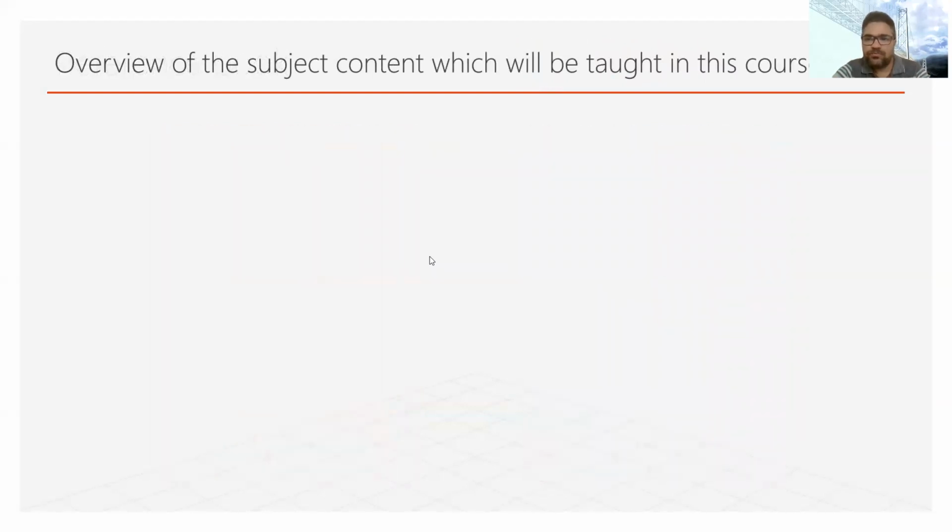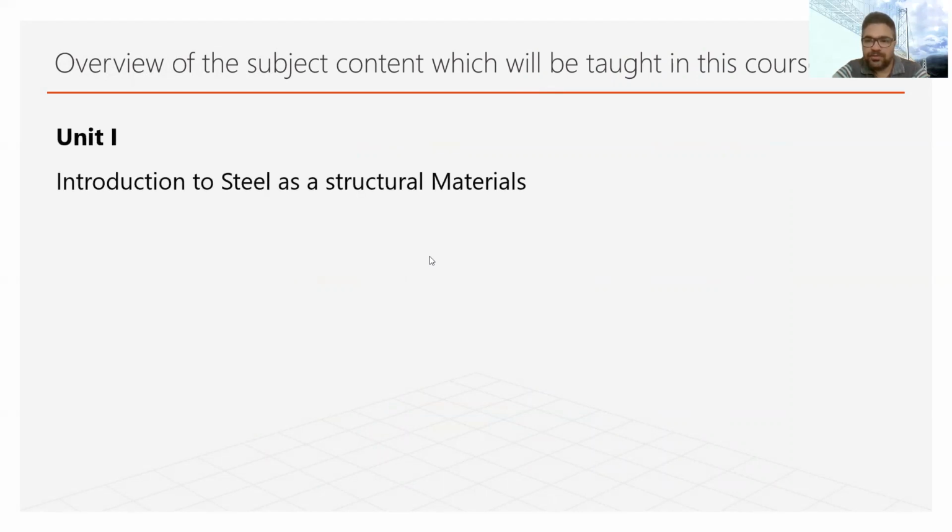Now, before we go forward, let us review the content that we are going to learn in this course. This course has been divided into 4 units. In the first unit, we will get introduced with steel as a structural material and its advantages, disadvantages comparing with other structural material such as concrete.